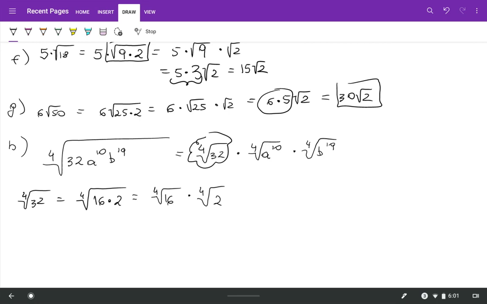Okay, so here, what is the radical of index 4 of 16? You may think that way, that 16 is the same as 2 to the power of 4.